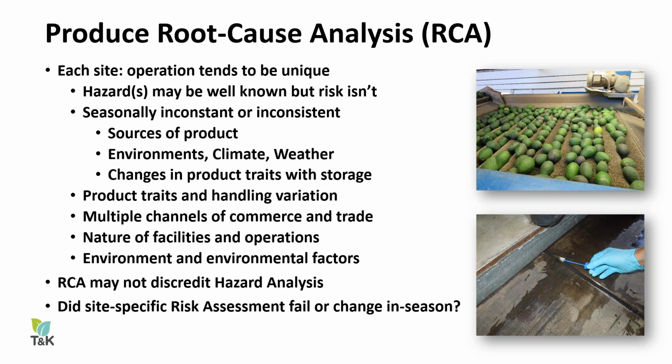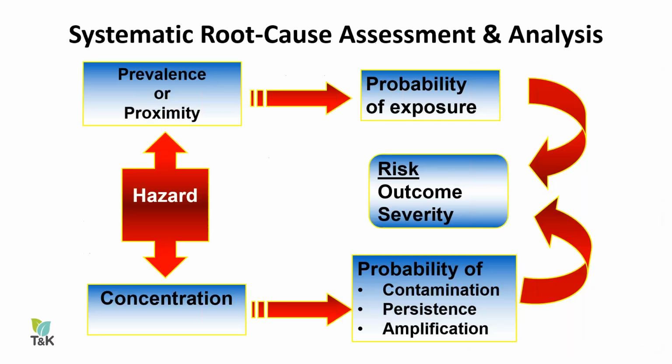One of the things that often happens with root cause analysis is that it doesn't really discredit the hazard analysis or the risk assessment. What you're really looking for is whether the site-specific risk assessment failed or changed in season due to something that could not have been readily anticipated, or was missed during that actual event, and trying to recreate that.